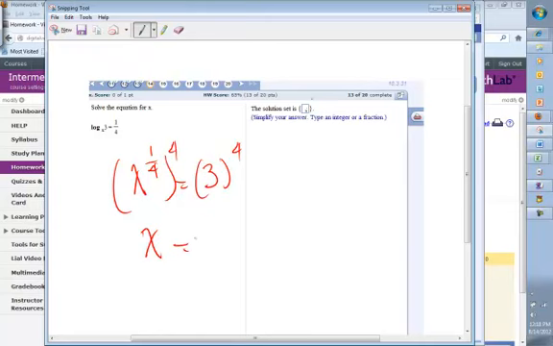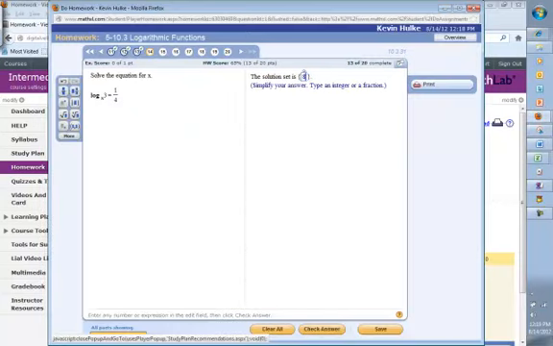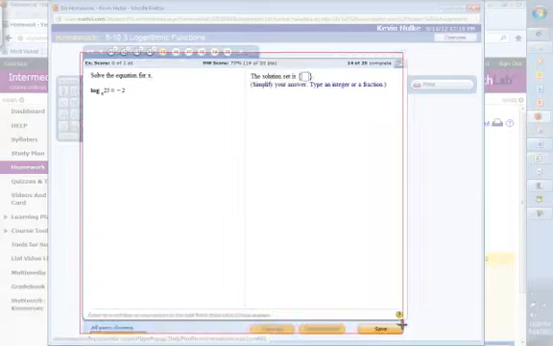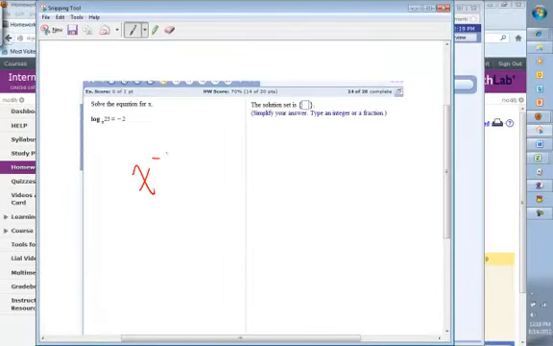They wanted it as an integer or a fraction, so we would press 3 to the 4th, and we get 81. Number 15. X to the negative 2nd is 25.